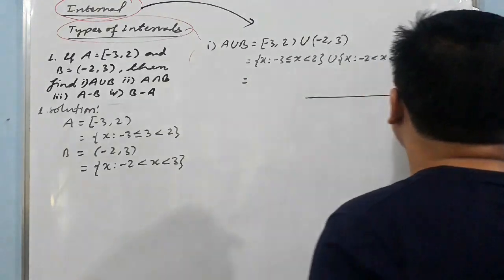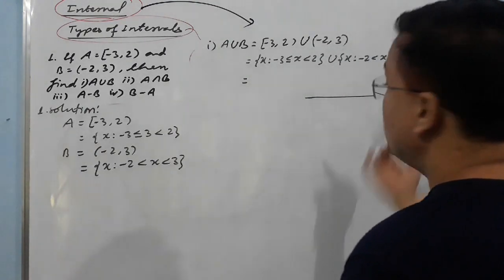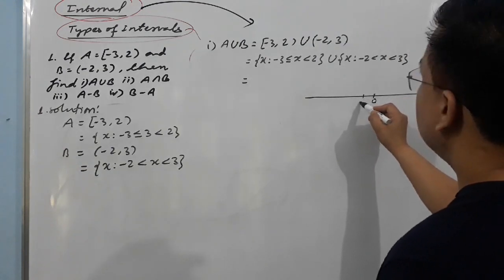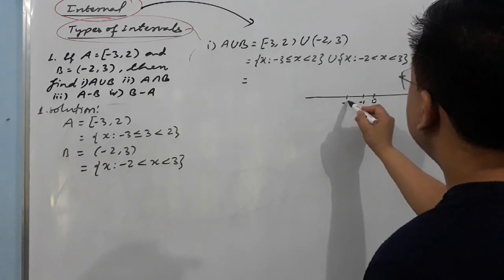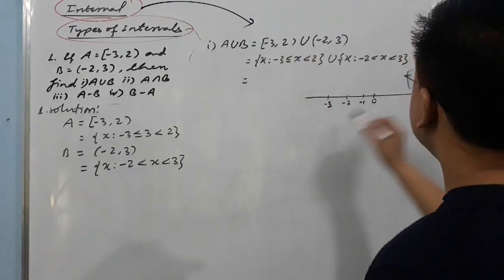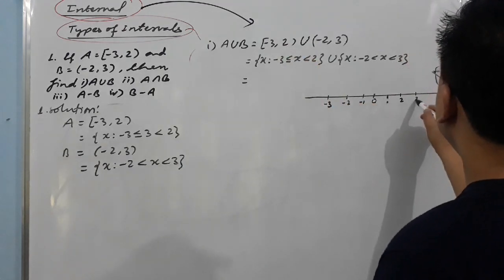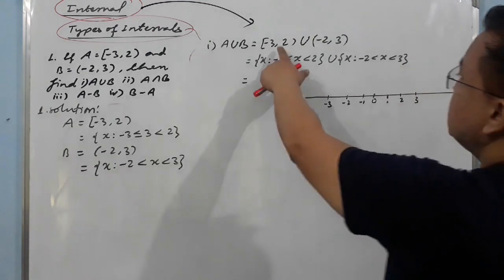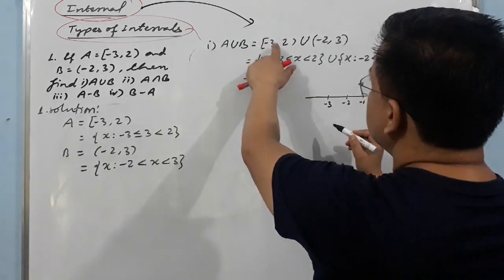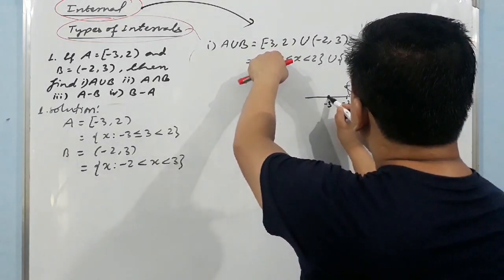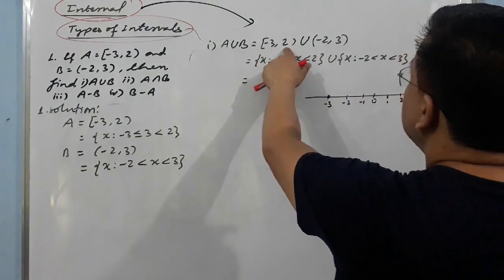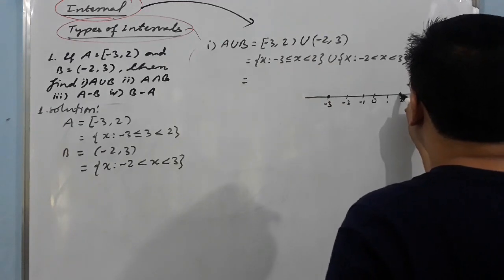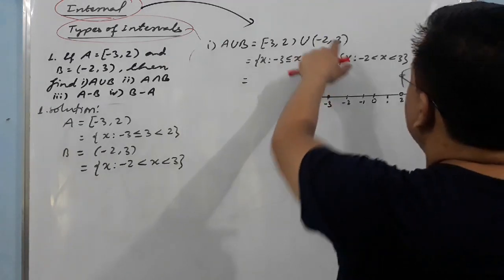So let me first draw the real line and represent both graphs on it, which will make it easy. Mark 0, negative 1, negative 2 up to negative 3, and 1, 2, 3 on the right-hand side. For negative 3, a left closed interval, we make a dark circle, and 2 is not included, so here you make an empty circle.